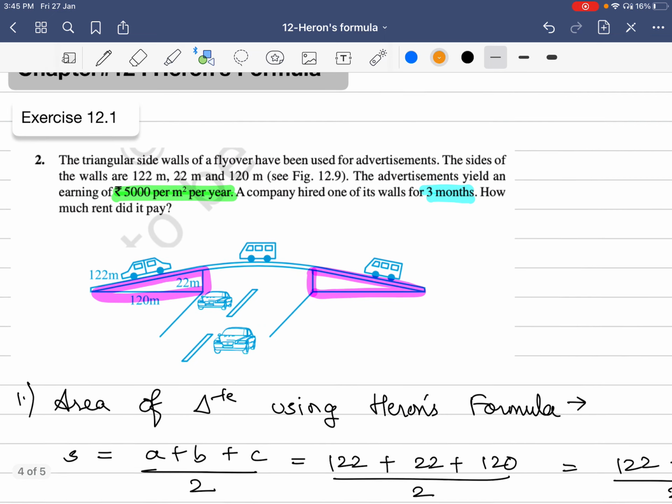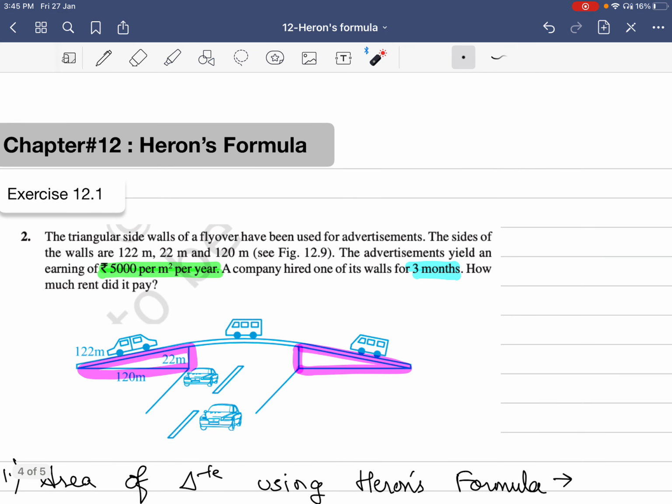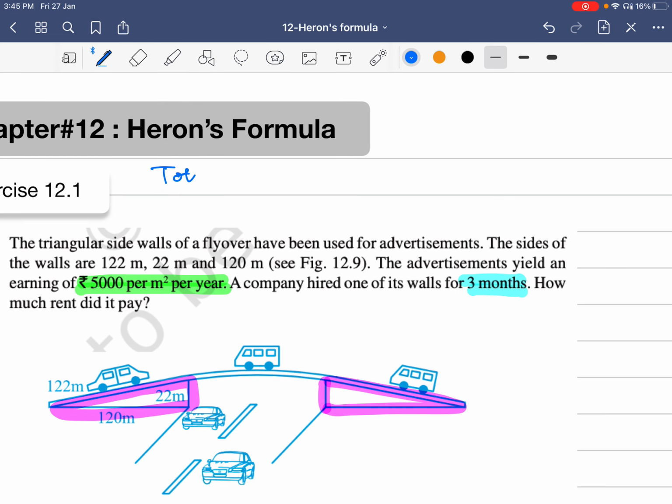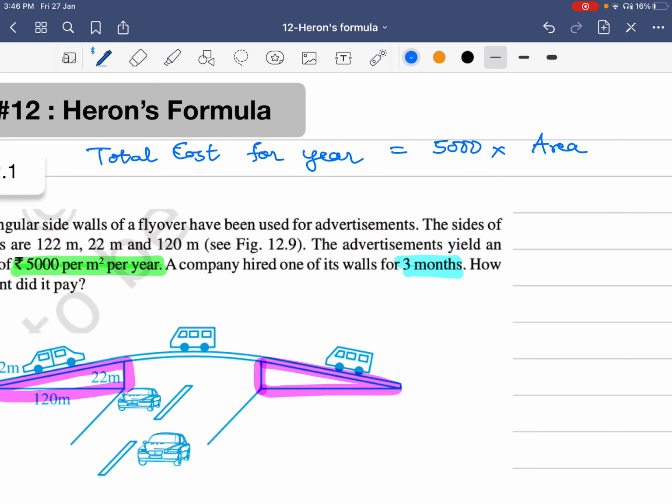Now we have found the area of one triangle. The cost is 5,000 rupees per meter square per year. So the total cost for the year will be equal to 5,000 rupees into the area of the triangle.